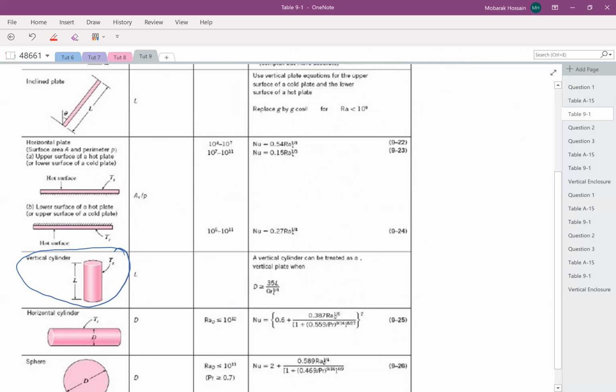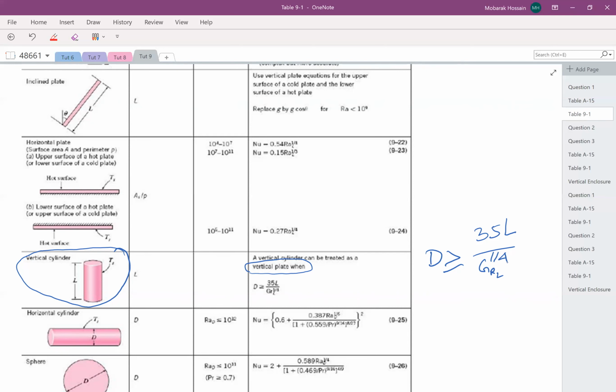We can treat it as a vertical plate when the diameter of the vertical cylinder is equal or greater than 35 L over Gr_L to the power 1 over 4. If this condition is satisfied, then we can treat our vertical can as a vertical plate. Then based on the vertical plate, we will find the suitable Nusselt number formula.